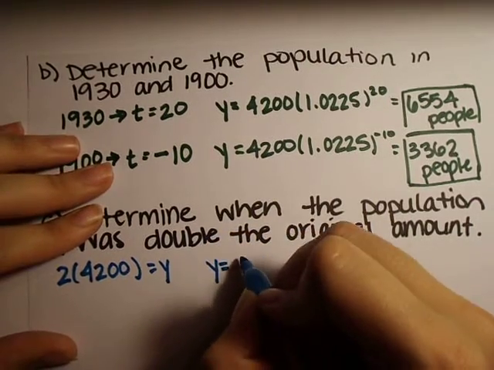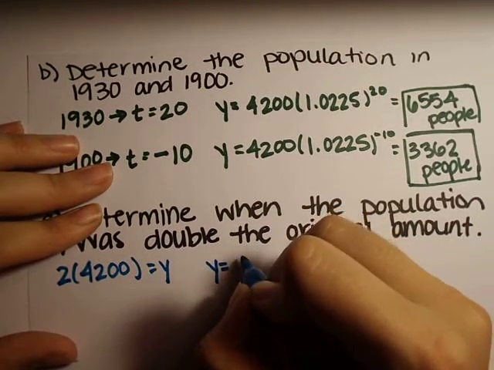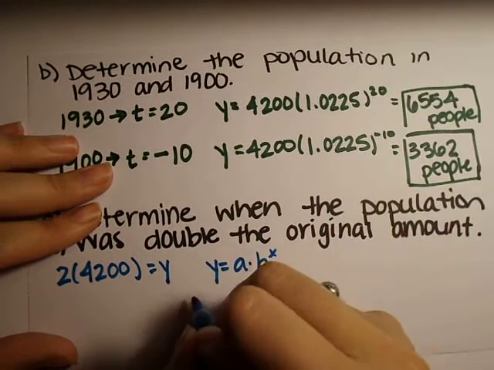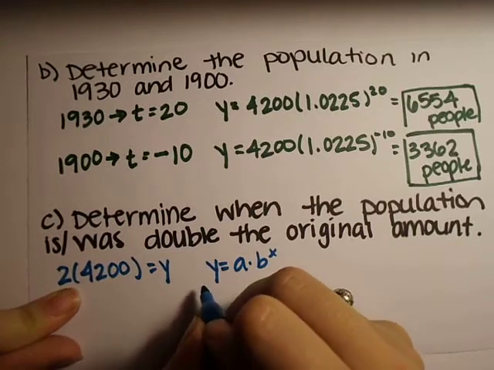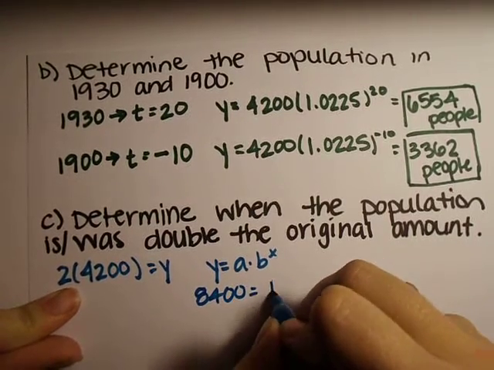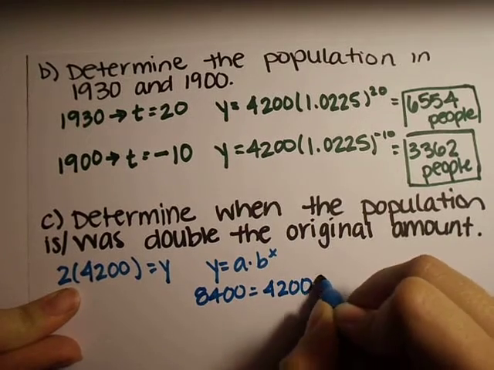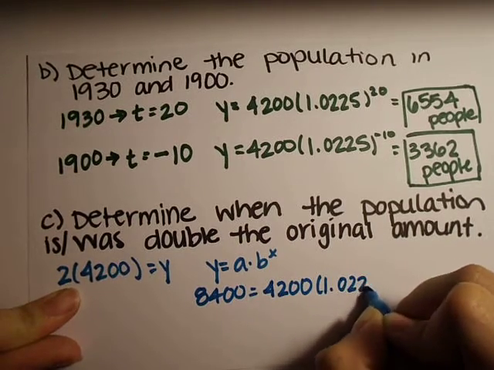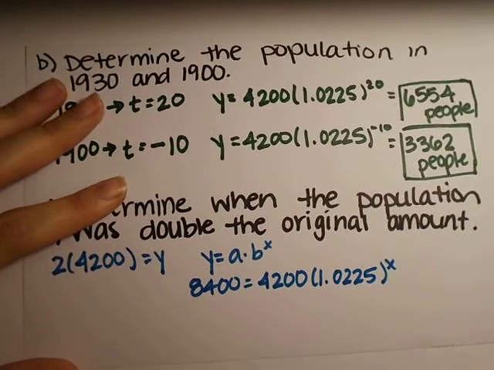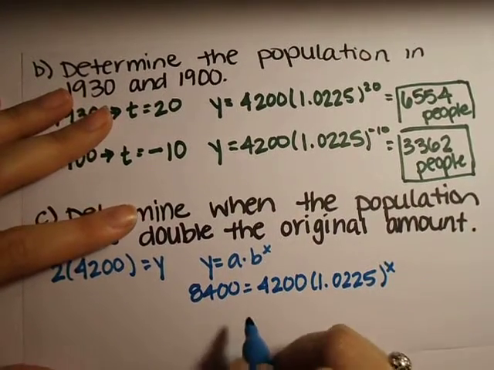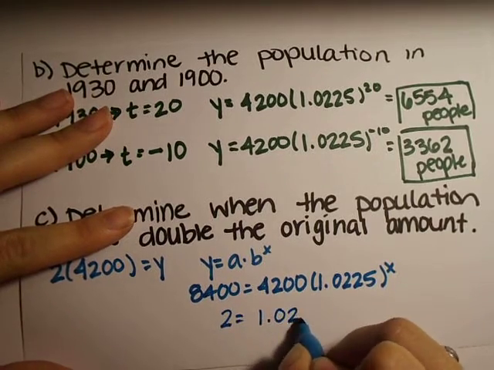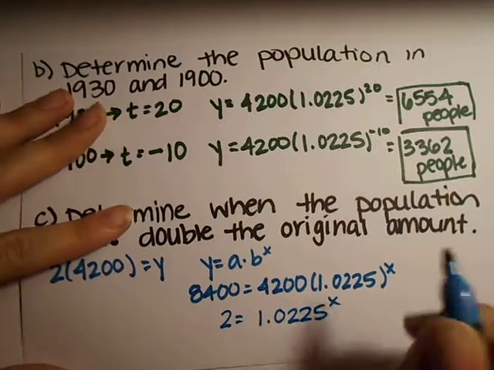We're using our original formula, y equals a times b to the x. 2 times 4,200 is 8,400. Our initial value is 4,200, and we have our rate of growth. Now I want to see when this is true. I can divide by 4,200 and I'll get 2 equals 1.0225 raised to the x.